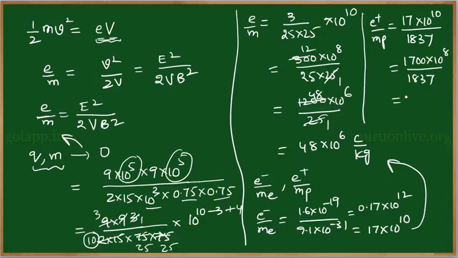So which leads to nearly 0.96 into 10 to the power of 8, or else 96 into 10 to the power of 6 coulomb per kg. So if you compare these two, this value is double this. That means there is some relation between these particles and protons.